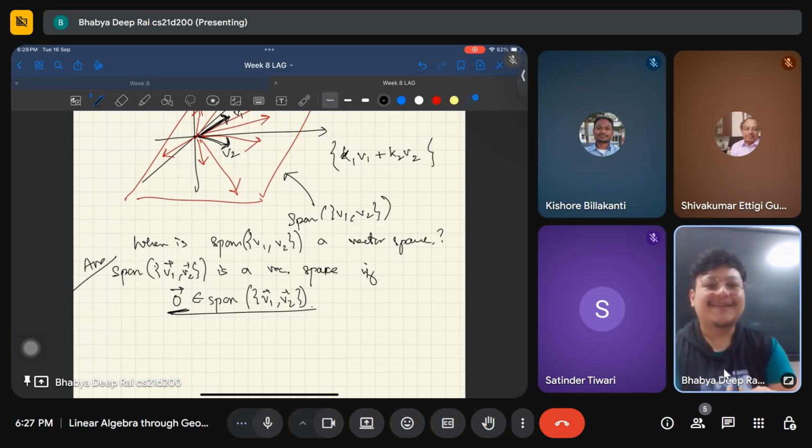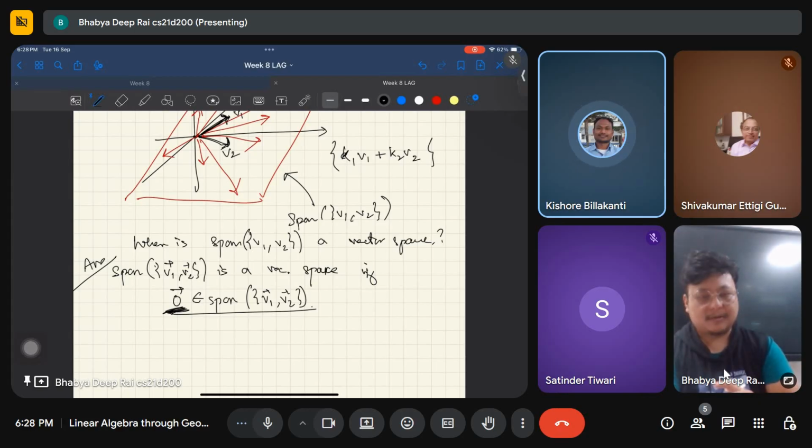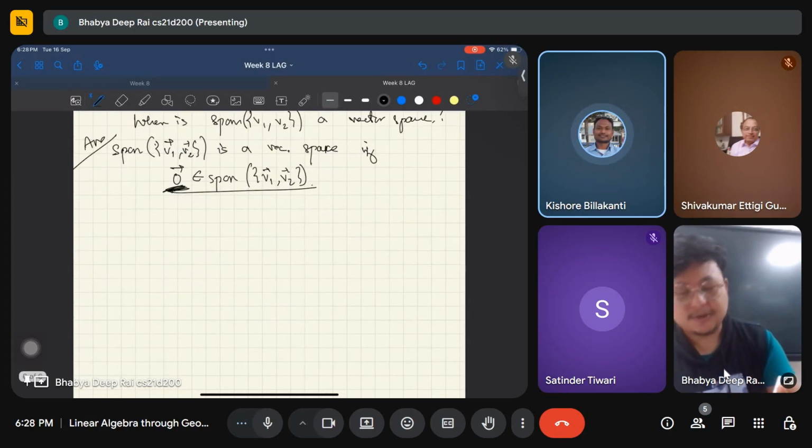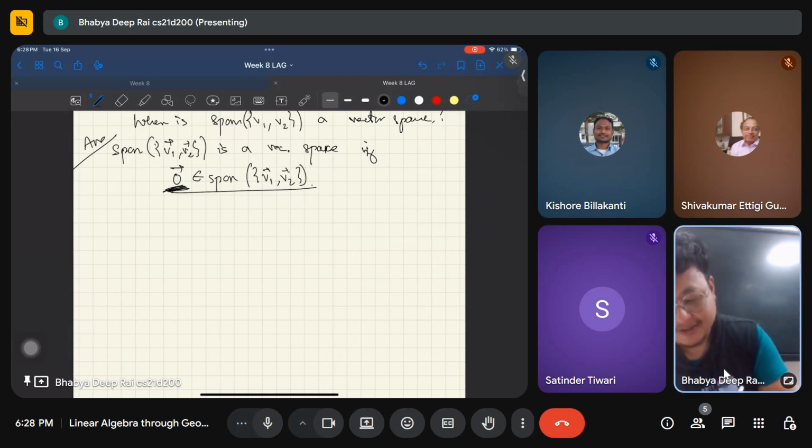Not necessarily, because the zero vector should be in the span for it to be a vector space. You get it? Maybe it's a very thin line of difference. Sure, I'll tell you the difference.